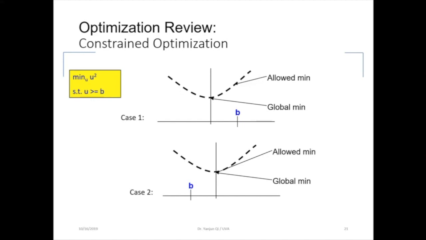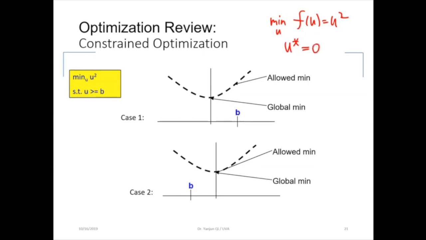In fact, this solution depends on b. So let's see, the u quadratic function is the simplest function to optimize, right? If we have only f(u) equal to u quadratic, what should be the minimal point without a constraint at all? If we just minimize f(u) equal to u quadratic, the best u should be 0. We normally write the best parameter, the best learned, with a star on the superscript.